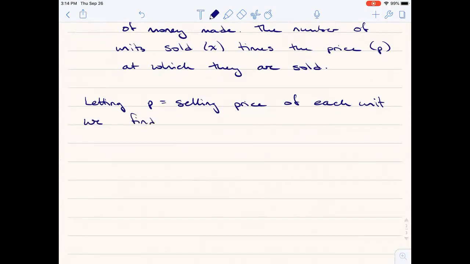We find that the total revenue is P times X, which is also on your formula sheet.